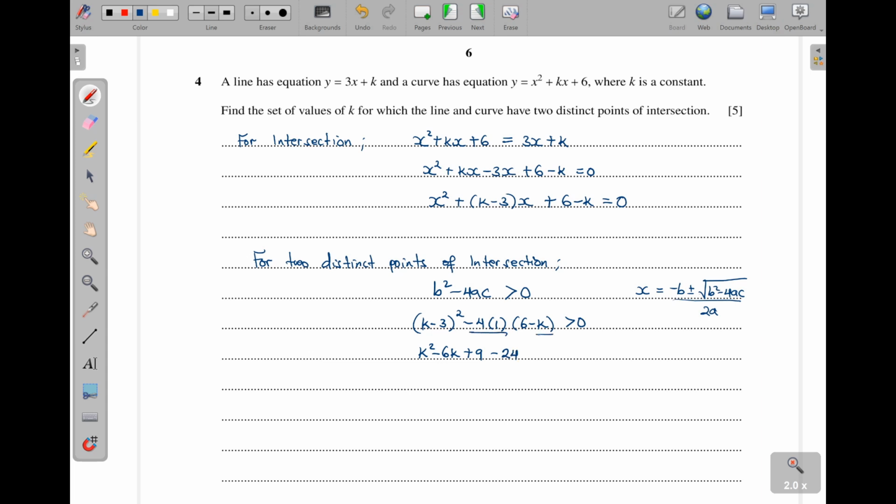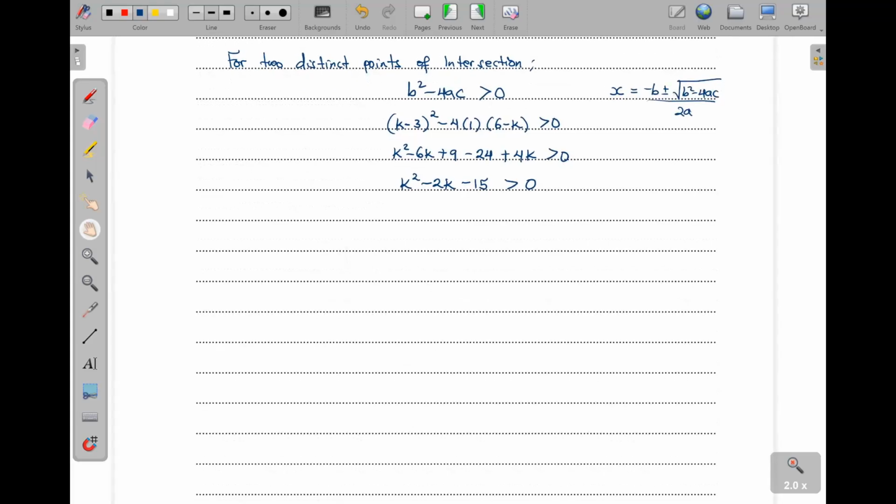Negative 4 times negative k will give us a positive 4k, greater than 0. So simplified will be k squared minus 6 plus 4, that will give us minus 2k. And then 9 minus 24 will give us negative 15. And then this will be greater than 0.